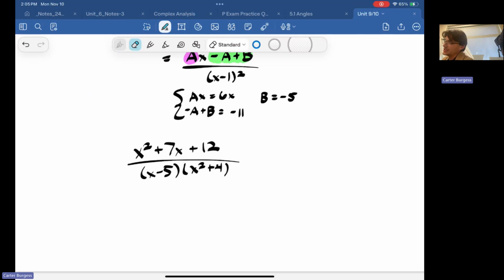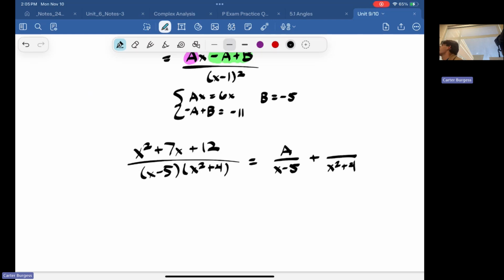And the way that we would do the decomp in this case, we would do the a over x minus 5, just like normal. But then for our x squared plus 4 term, rather than having just a b, what we have is a linear equation. This would be bx plus c.